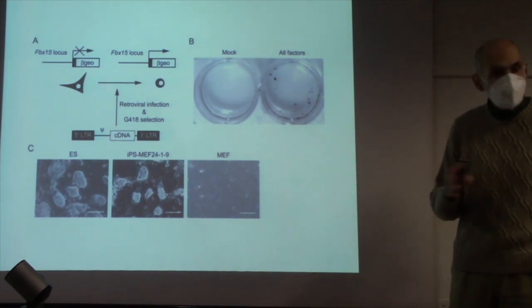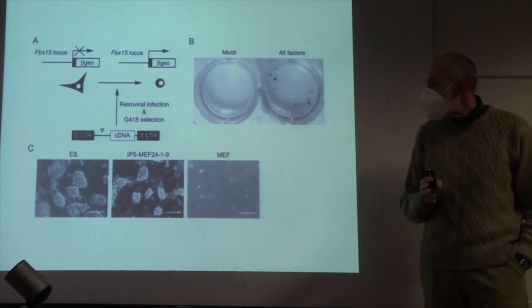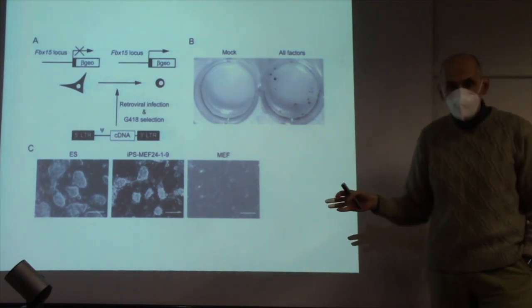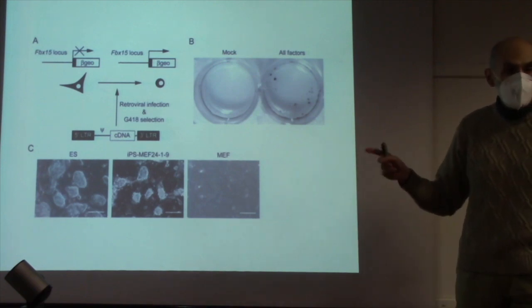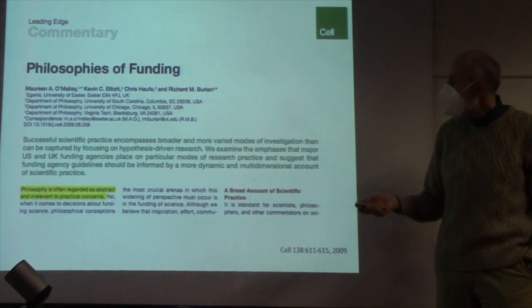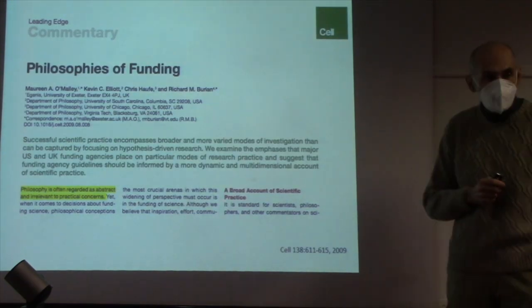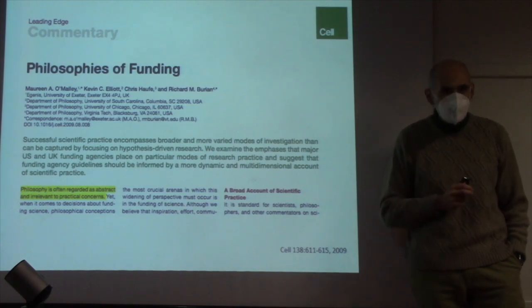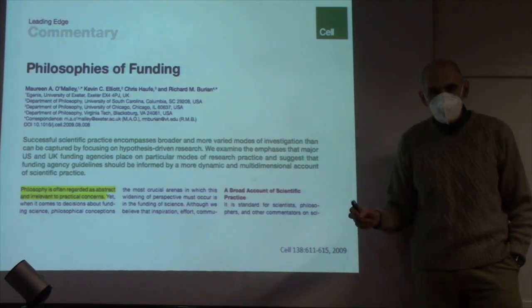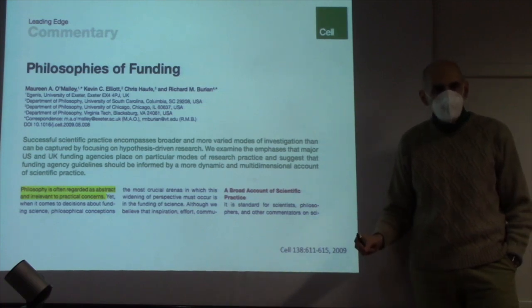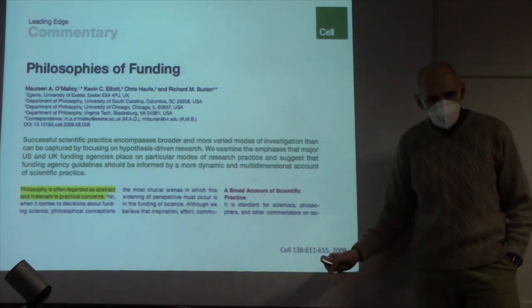So in fact, he didn't have a hypothesis. And yet we don't think Yamanaka's paper was not scientific. The thing is that the schematic I've shown you does not apply to all of science, as the authors were saying in this paper. Science is more than testing hypotheses. And if you don't realize that, you underfund or you do not fund important parts of science.